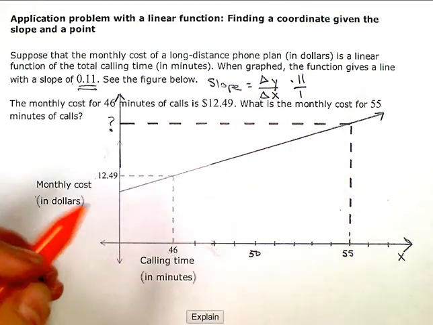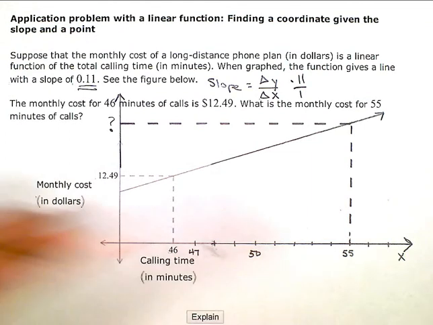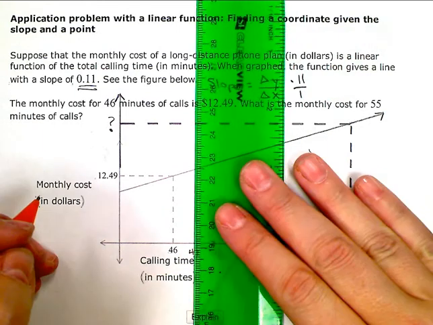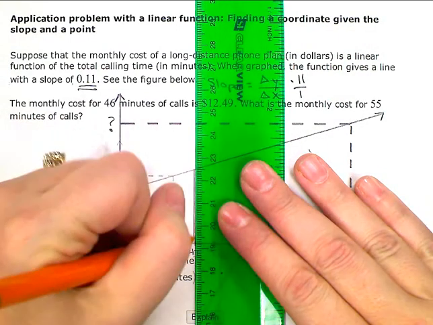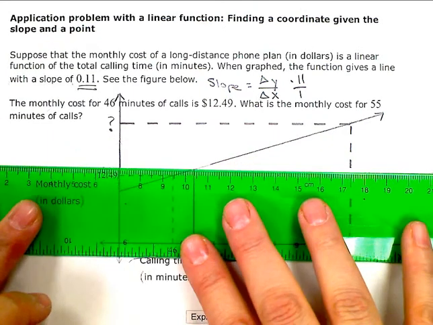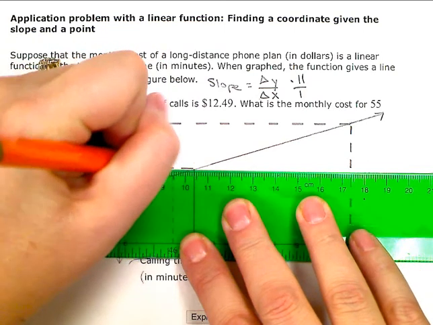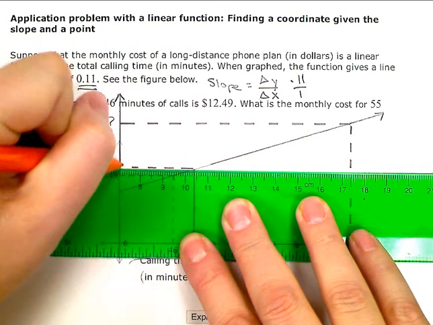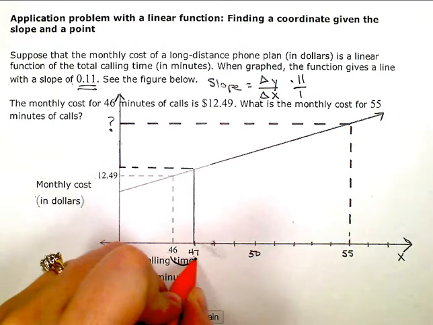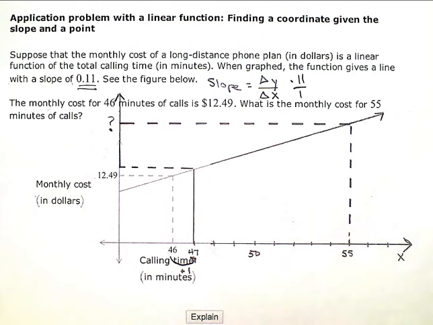So when I go up to 47 here and my x goes up 1 unit, then that means over here on the y side, my cost is going to go up 11 cents. So every time I add 1 here, this is plus 1, that's my change in x.